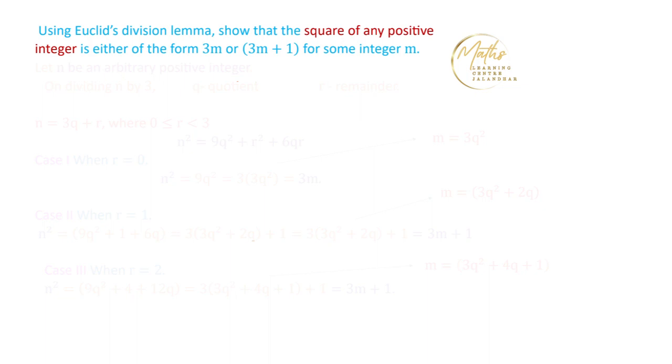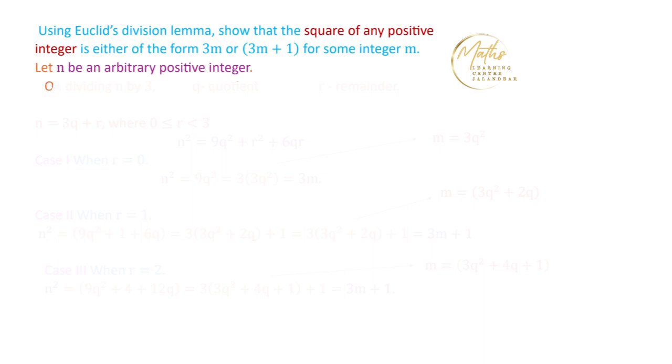In this question, we are interested in the square of any positive integer. So suppose n is an arbitrary positive integer. Looking at the values 3m and 3m plus 1, we are interested in the divisibility of n by 3.